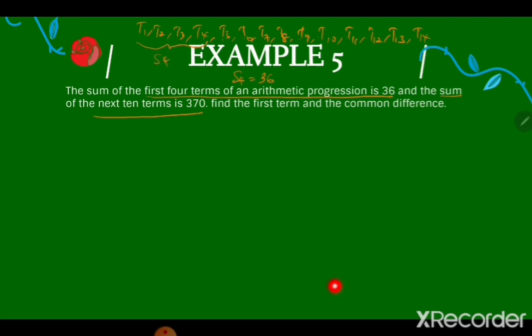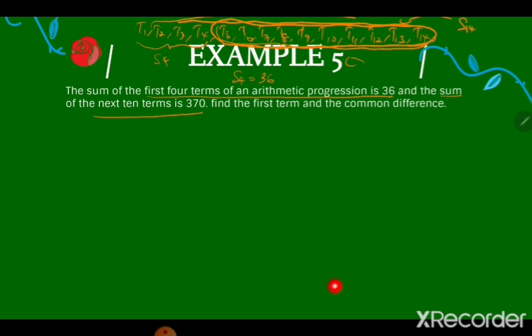And the sum of the next 10 terms. So this part, we know the whole will be S14. We want to find this one from the 5th term until the 14th term.